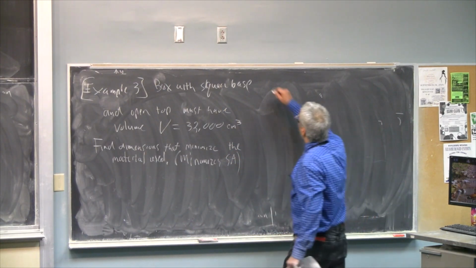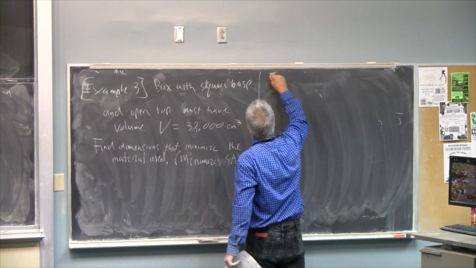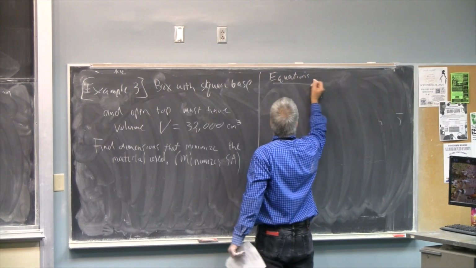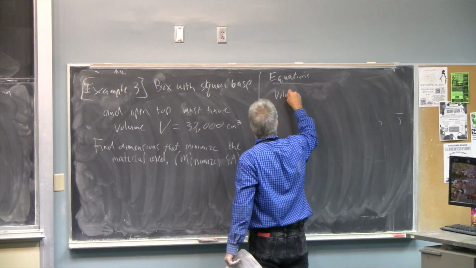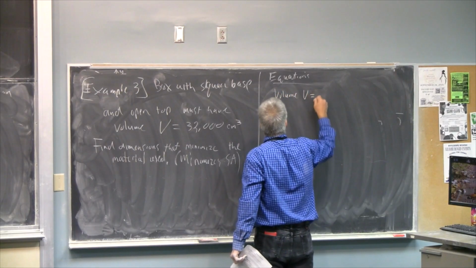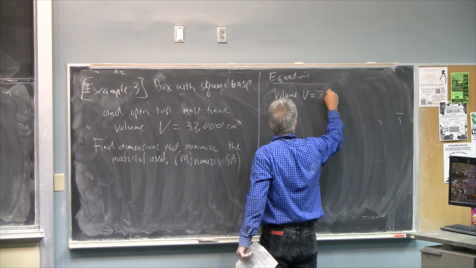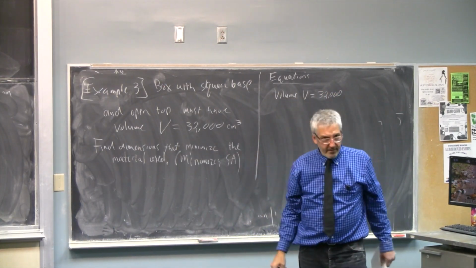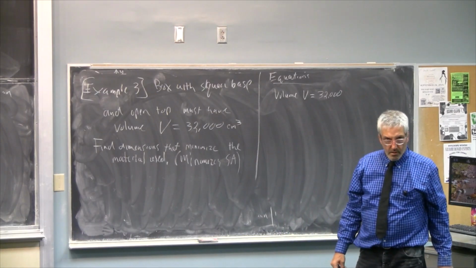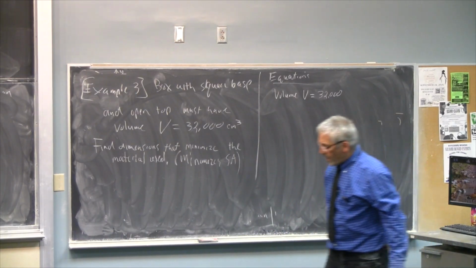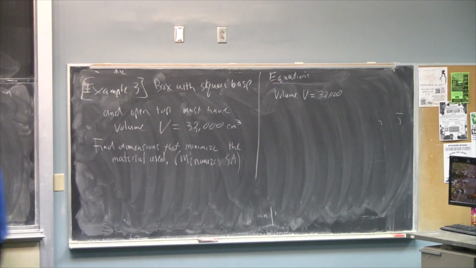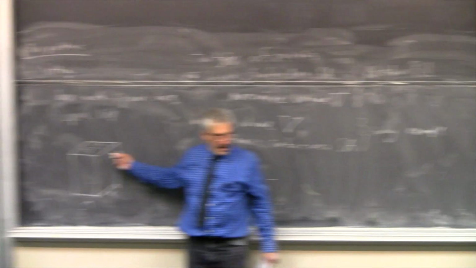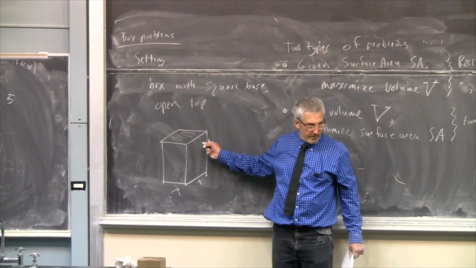Okay, well, our equations are the volume, V, is known to be 32,000. But in terms of those letters, what is that? We've got a box whose base is a square of sides x and whose height is h. So what's the volume of this box?